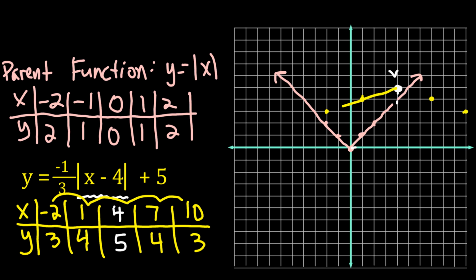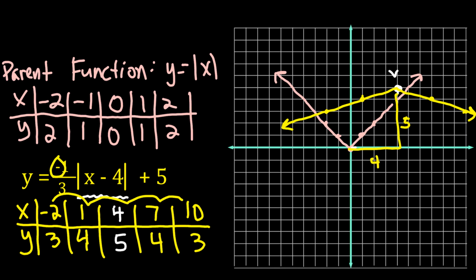So if we graph this, we should be able to see all of those transformations happening. It was over 4, up 5, kind of like we said. And it was flipped upside down. That negative out in front of the 1 in the 1/3 flipped it upside down.